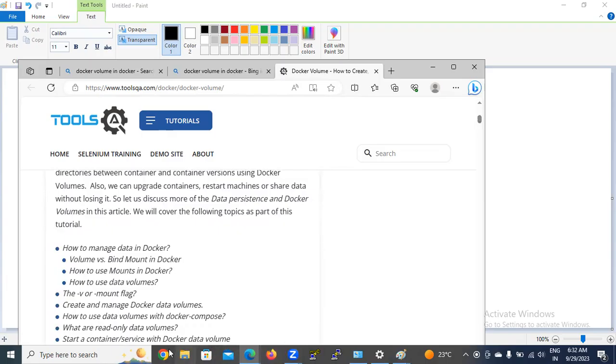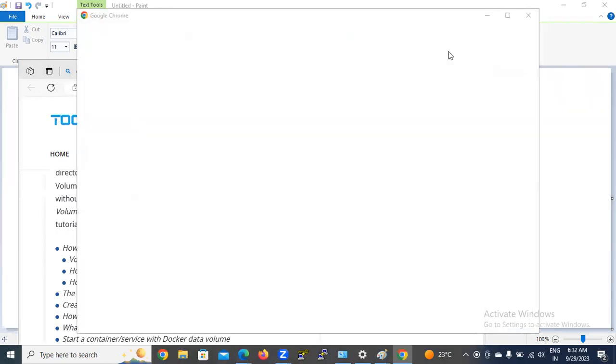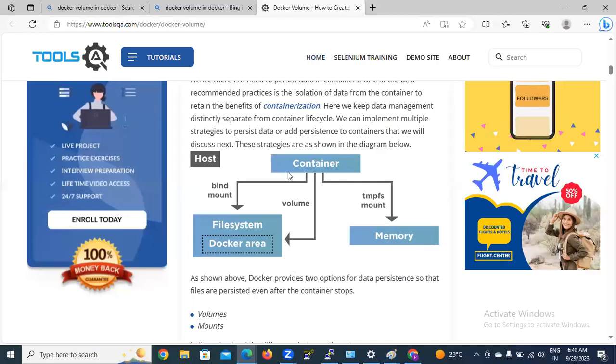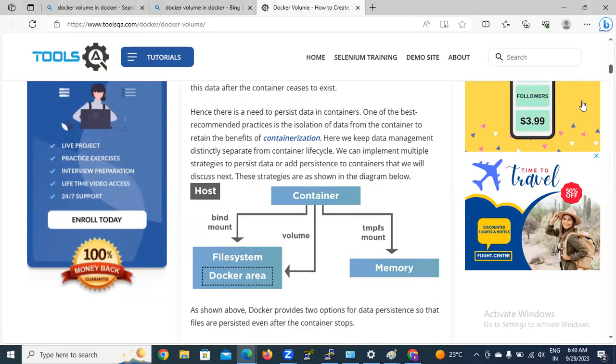First of all, I need to log in to our AWS account. When we are creating a Docker volume, we have three kinds of options. First one is a tmpfs mount, which mounts into memory.